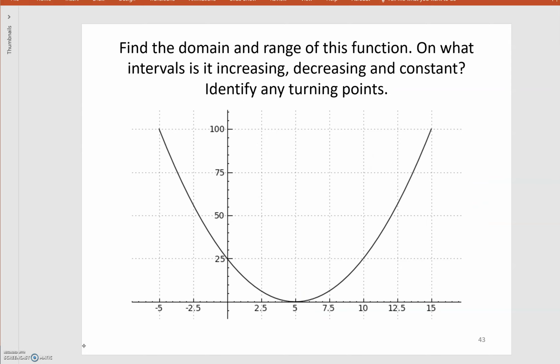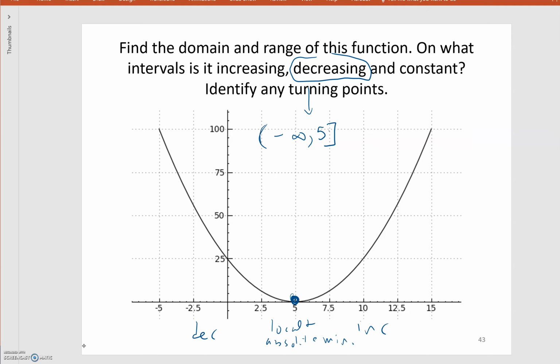What about this function? Well, we have one local and absolute minimum. We have no local maxes. The function's decreasing here and increasing here. Specifically, it's decreasing from negative infinity up to 5.